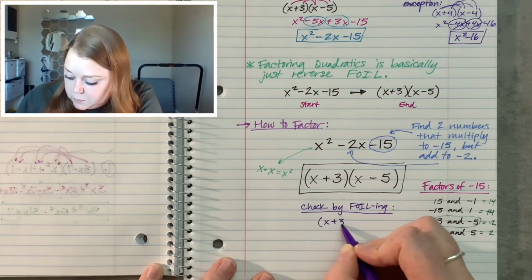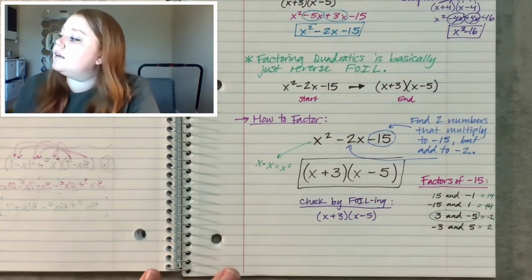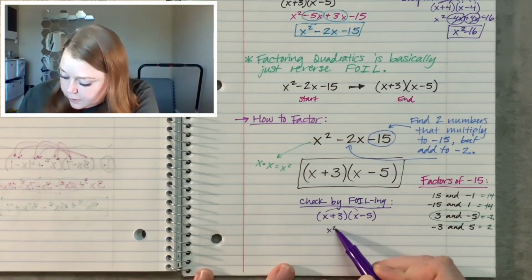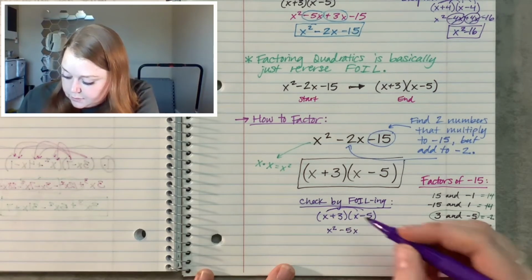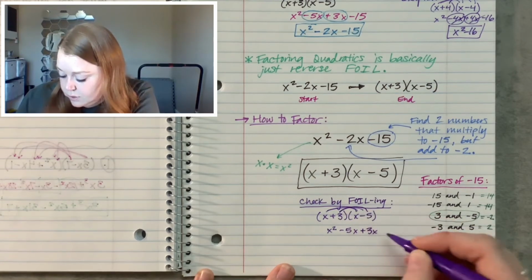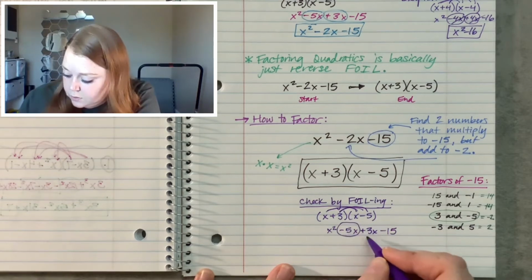So if we take x plus 3 and times it by x minus 5, let's go ahead and FOIL that out. X times x is x squared. X times negative 5 is negative 5x. 3 times x is 3x. 3 times negative 5 is negative 15. You combine your like terms.